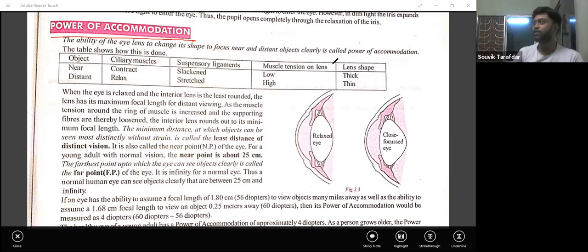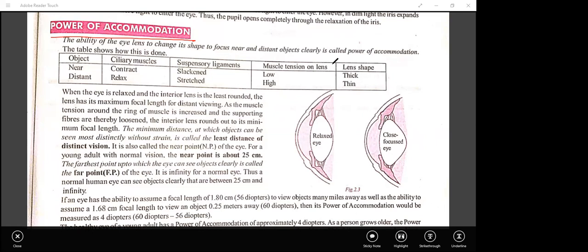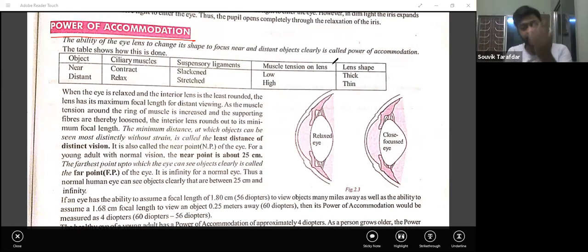When you see a far object, your eyes are relaxed. Relaxed means no pressure on the ciliary muscle. The ciliary muscle is not contracting, so the lens remains thin. Understood? But when you see a nearer object, the ciliary muscle needs to contract.